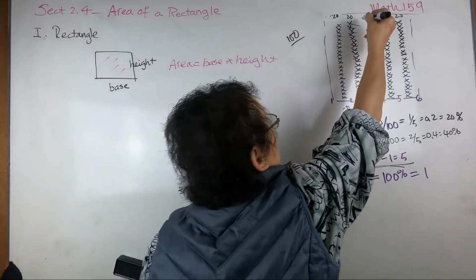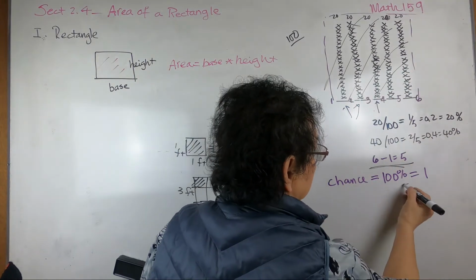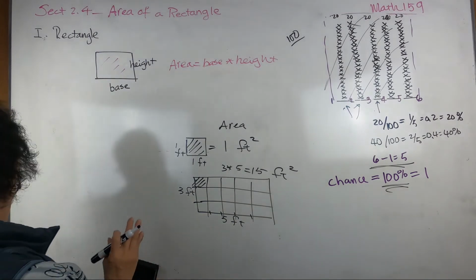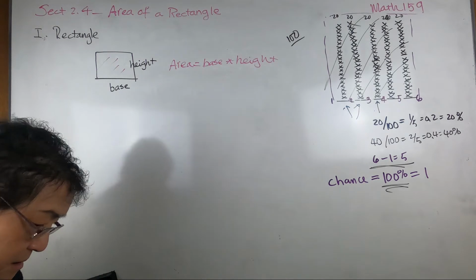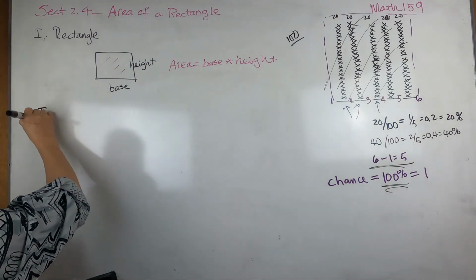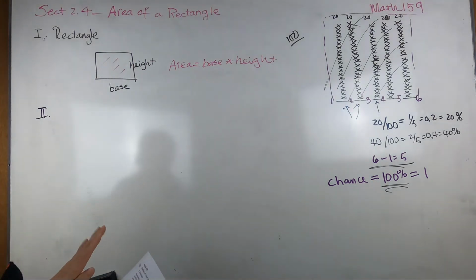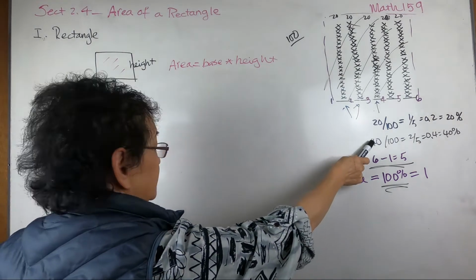So the whole event happens 100%. The whole area is 1. That's the concept we are going to use. Okay, so let's practice the rectangles first. Then we are going to apply them to the probabilities.